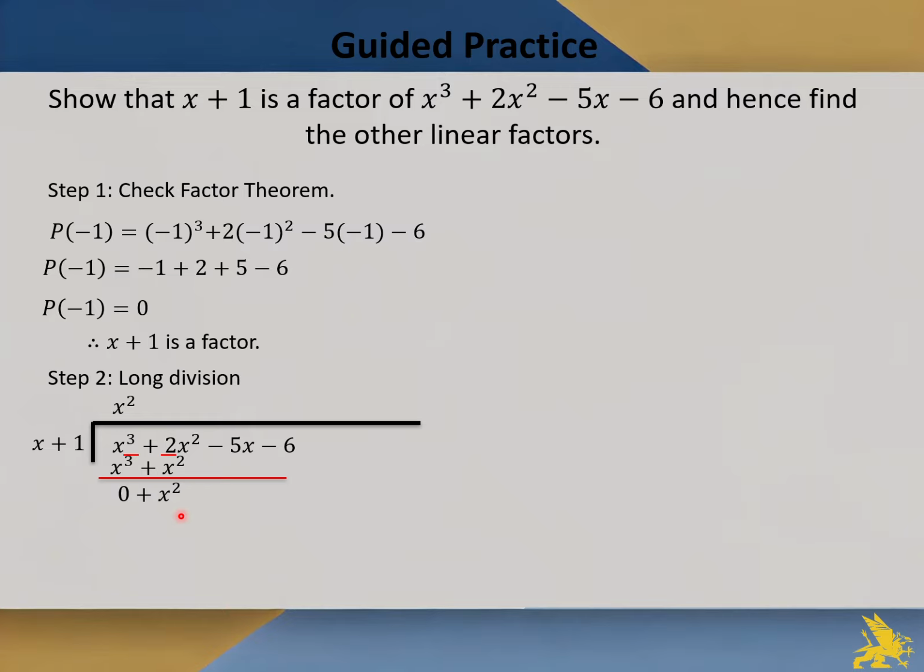I continue. X squared divided by x is x. I work out how much I've shared. X times x is x squared, and x times 1 is x. I cancel out what I've shared. So that is -5x, take away x is -6x.